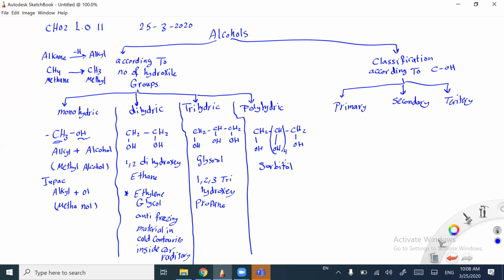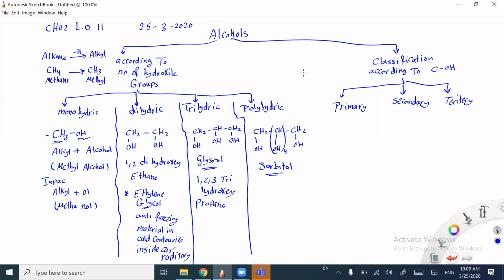Sorbitol is one of the polyhydric alcohols. As the number of hydroxyl groups increases, the boiling point of the alcohol increases. So we'll find that sorbitol has a higher boiling point than glycerol, which is higher than ethylene glycol, which is higher than methanol. Let's talk about another idea of classification.